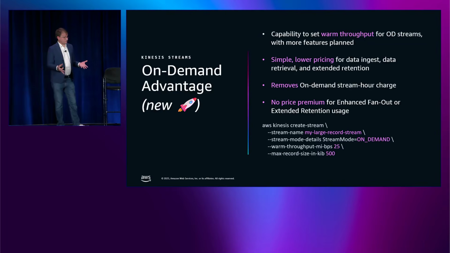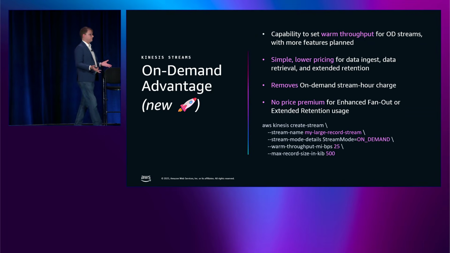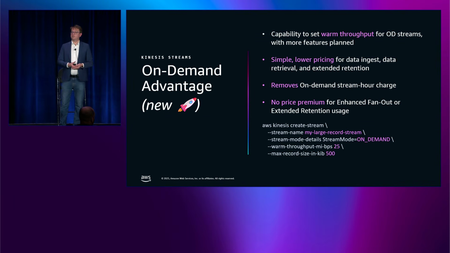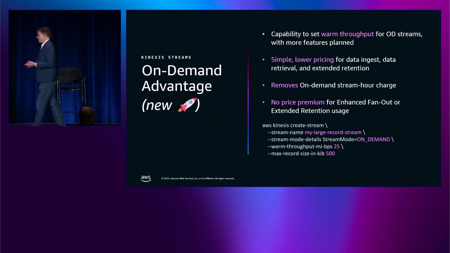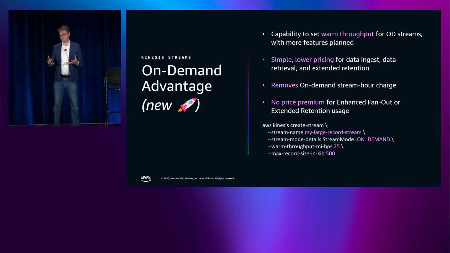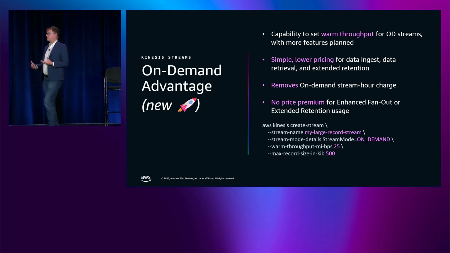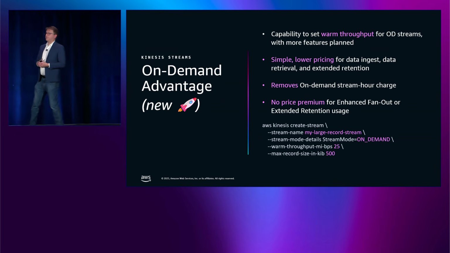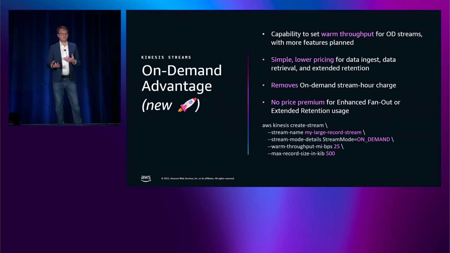So the second thing that is, as a feature, I think, of Kinesis Data Streams on-demand advantage is that it's about 40% cheaper than regular on-demand. Now, the reason that we've been able to do that is we did some work to figure out that with committed workloads, we were able to support this price point for customers that had all the reasons to want to use on-demand with the reactive scaling, with the pay-as-you-use model.